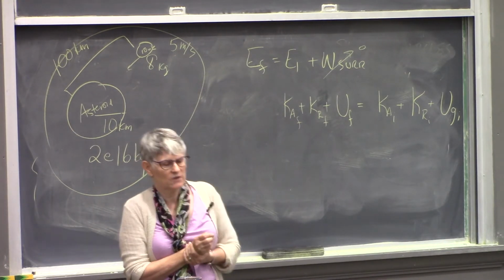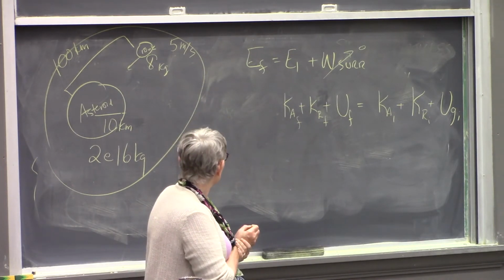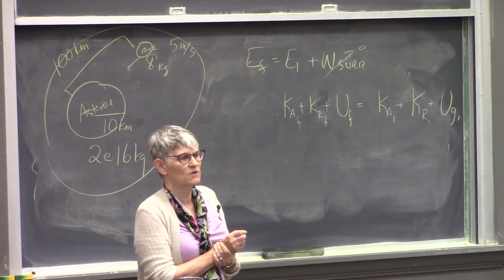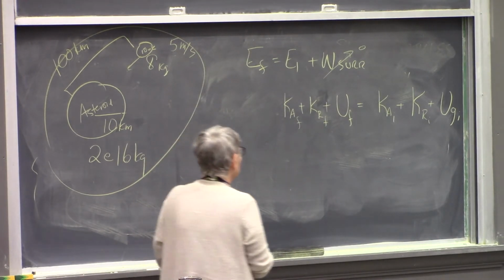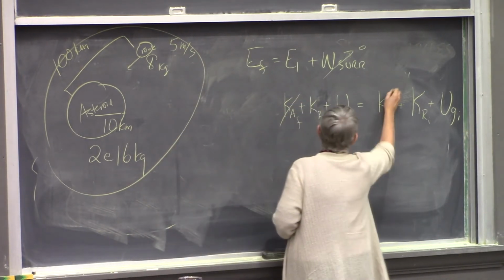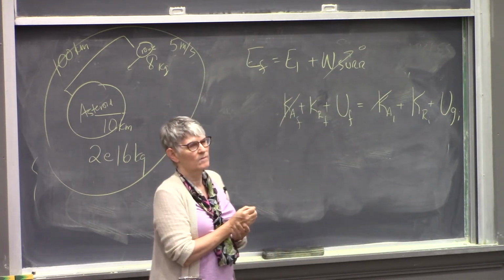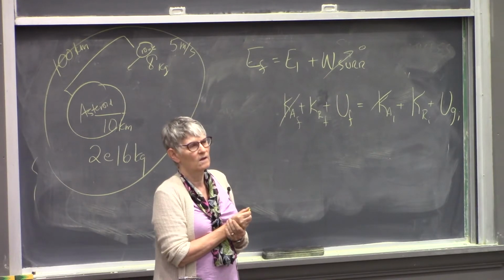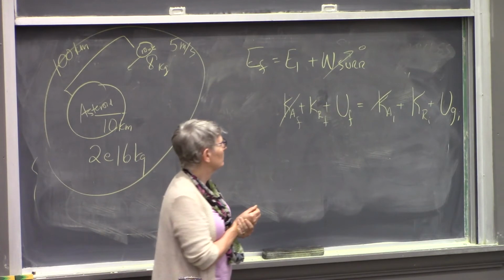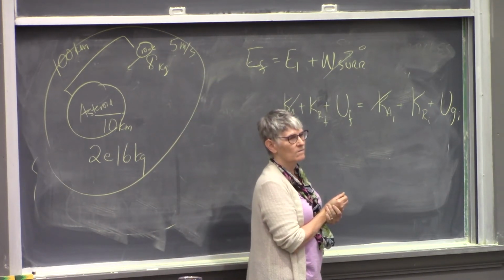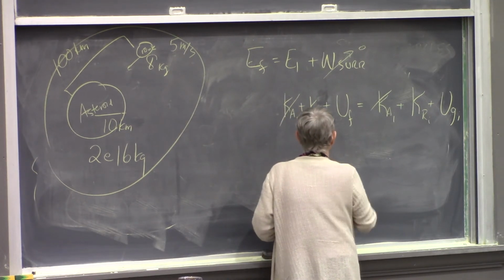Now, how else can we simplify this? The asteroid is clearly a great deal more massive than the rock, so how much does its kinetic energy change? Not much. So where's our unknown? The final speed of the rock. What term is it in? K final. So it's here, isn't it? That's what we want.